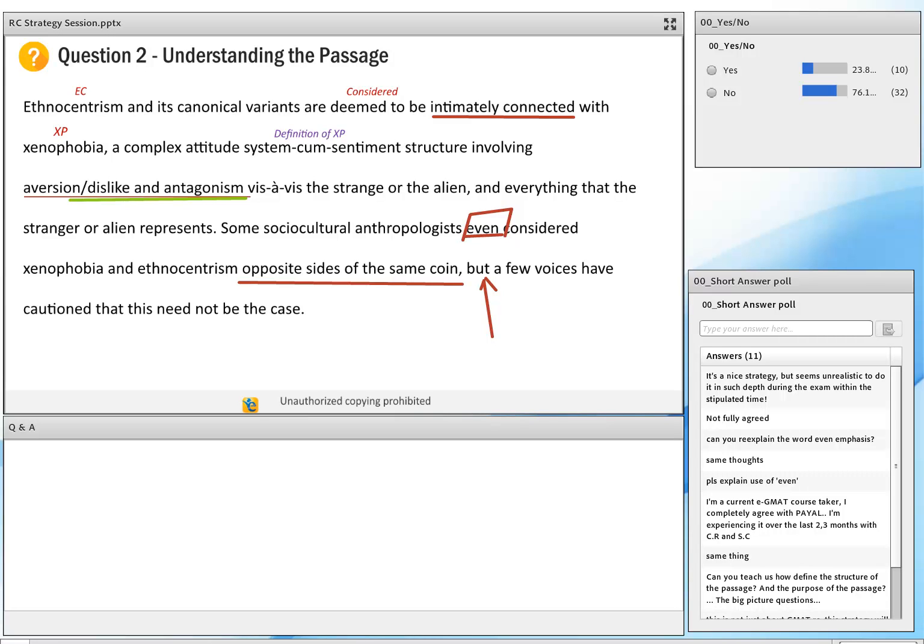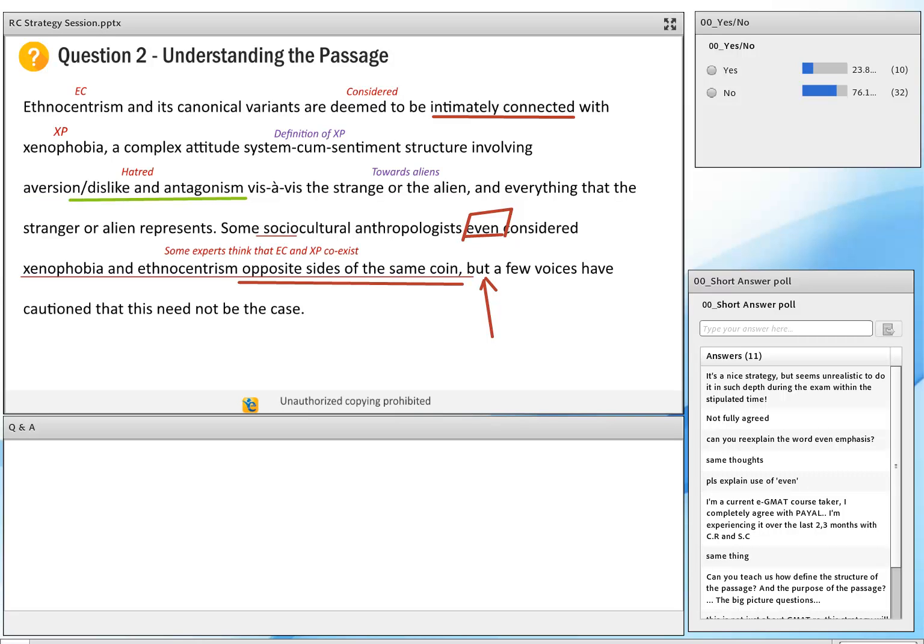Ultimately, GMAT is testing you on logic. GMAT is not an exam put together simply to quiz you or throw you off your game. No. These are very, very logically put passages, a very logically put exam on the whole. So there has to be a logical solution, and this is the logical solution. All right.